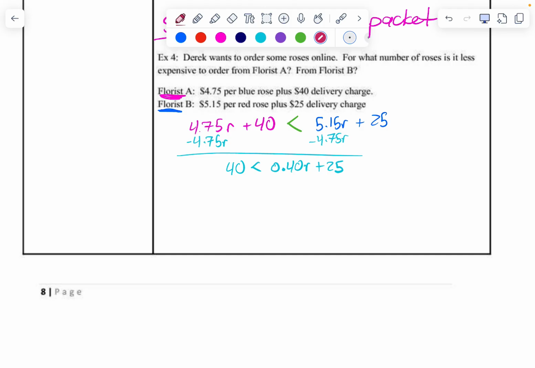Process-wise, this is just solving an equation, right? I hope you haven't forgotten what we've done with that, because the next thing we want is to get R by itself. So what do we need to do? We need to get R by itself, so we're going to get rid of the 25. Now we can divide.